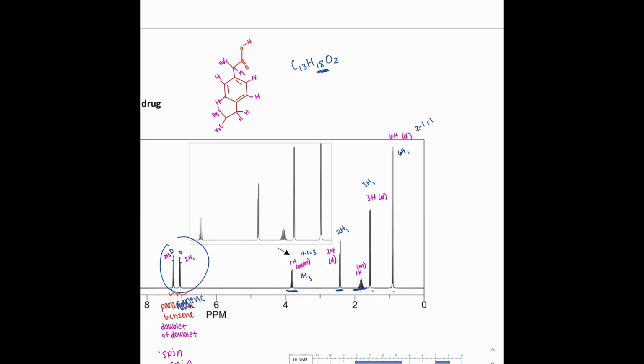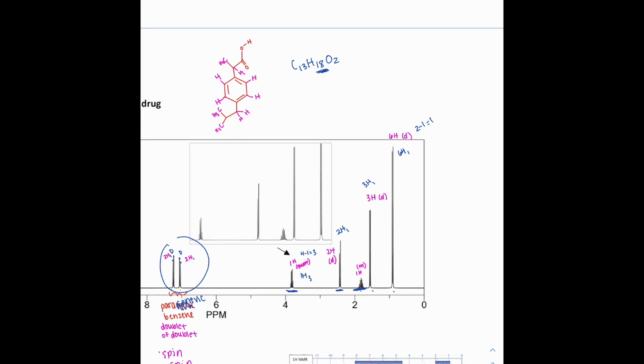But I think the really important portions to notice are the carboxylic acid right here, and that paracentric benzene, because then you just have to work through it and see where everything falls.